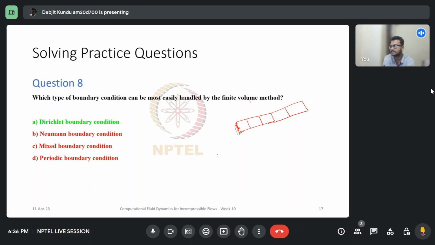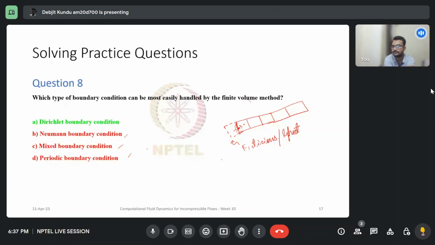Now, if something else is given, like a Neumann boundary condition where the flux is given, in order to calculate the flux I have to consider a ghost cell like this and then make an approximation of what the flux could be, and as a result of the flux what the values would be at the interior points. Consideration of this fictitious or ghost cell is required, and that is the same for mixed and periodic boundary conditions as well.